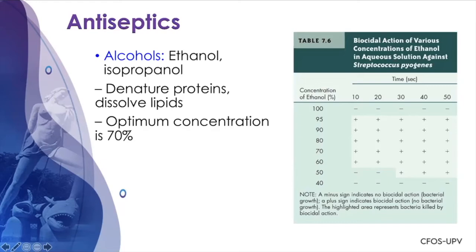Ang concentrated na alcohol upon application dun sa microorganism, pag nag-touch, kumbaga, yung alcohol dun sa cell wall ng bacteria, for example, it will immediately result to the aggregation of the components. So, ang tendency, magko-close yung cell wall, hindi na makapenetrate further kasi sobrang concentrated.